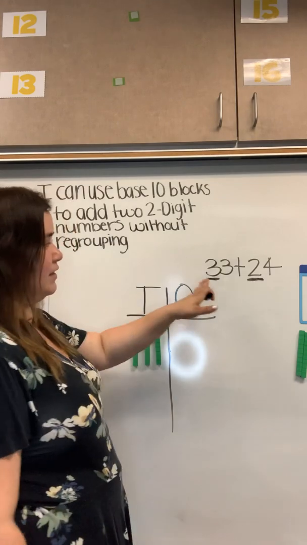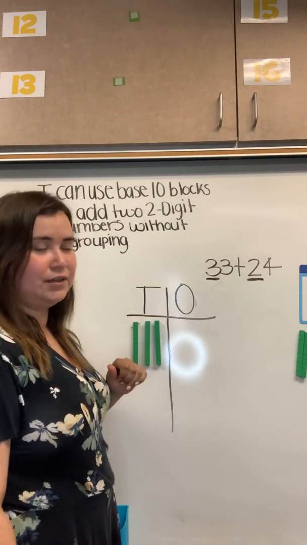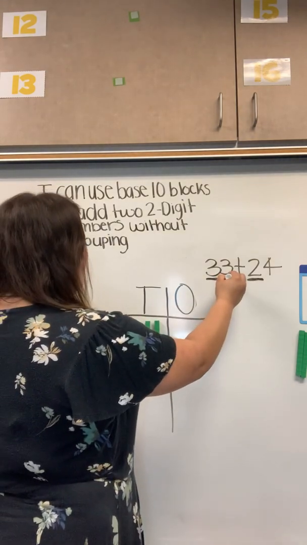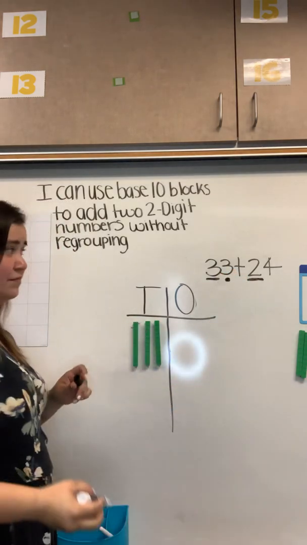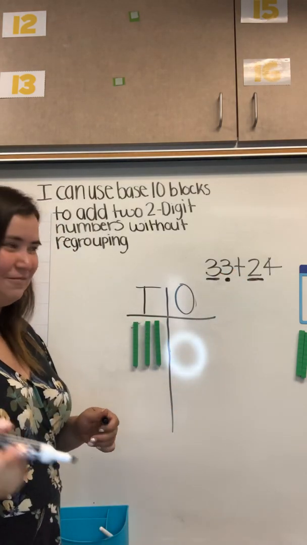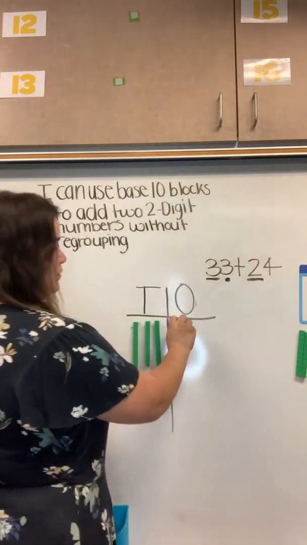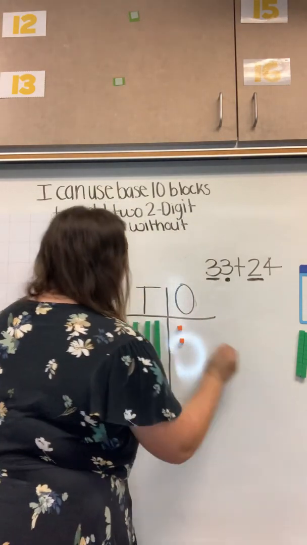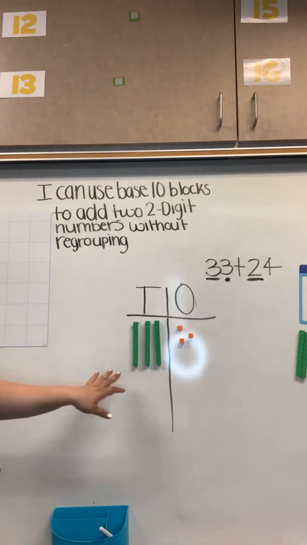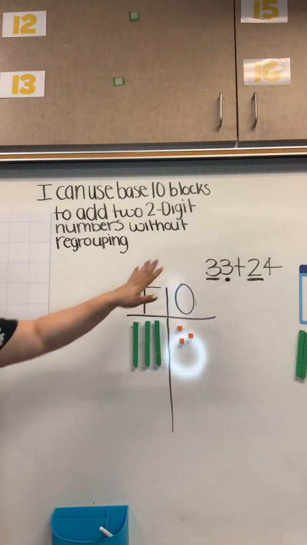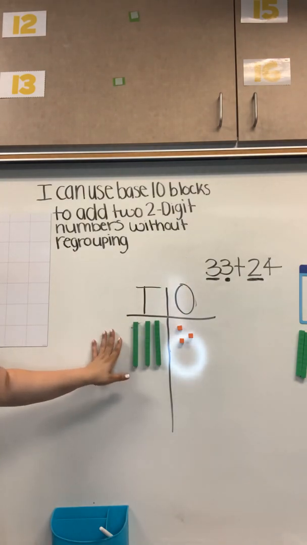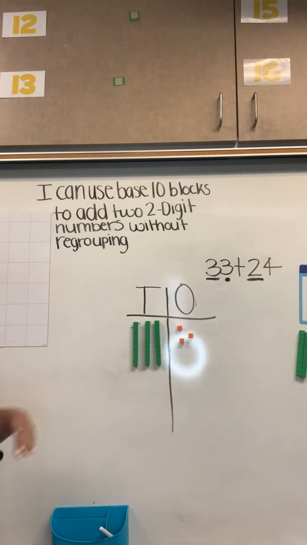Now we're going to look at the ones place in 33. How many ones do we have in 33? Good job. Yes, 3. So I'm going to get 3 ones. 1, 2, and 3. Now we have 33 in our base 10 blocks.